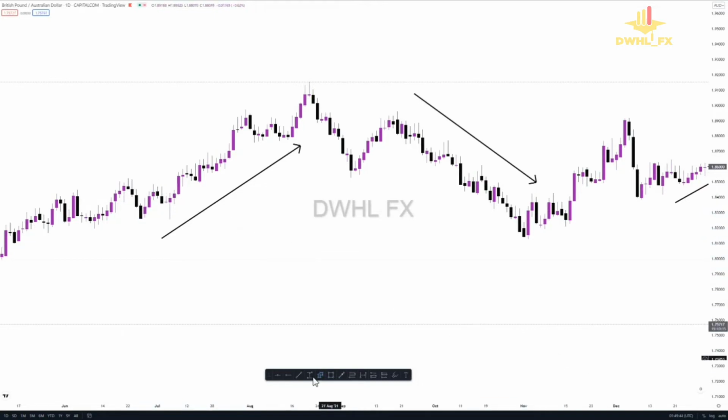First of all, price moves from a low to a higher high, a higher low, higher high, higher low, higher high, higher low, higher high, higher low, higher high, break of structure to create from a high to a what.